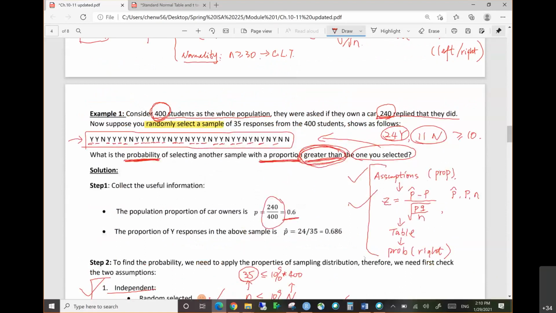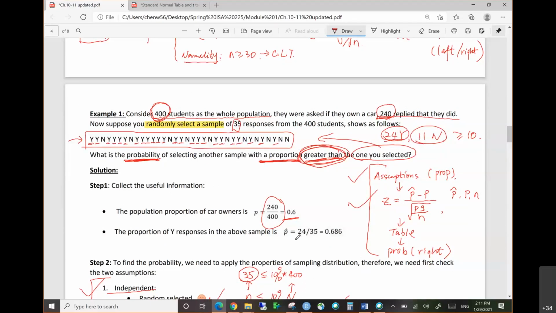Sophie? 24 divided by 35, which is 0.686. Perfect. Thank you. So within these 35 responses, which is my sample, I have 24 yeses, right? So the sample proportion will be 24 divided by 35.